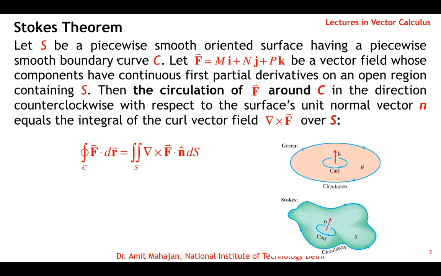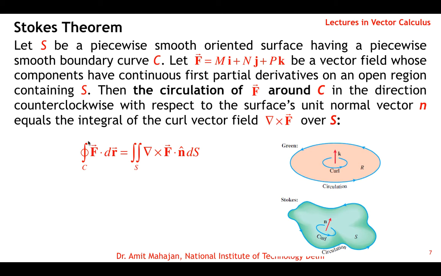Let S be a piecewise smooth oriented surface having a piecewise smooth boundary curve C, and let F be a vector field, F = mi + nj + pk, where m, n and p are components of x, y, z and have continuous first partial derivatives on an open region containing S. Then we can calculate the circulation of this field around the curve C in the positive direction, which is taken as counterclockwise with respect to the surface unit normal vector, and it equals the curl of the vector field over S.